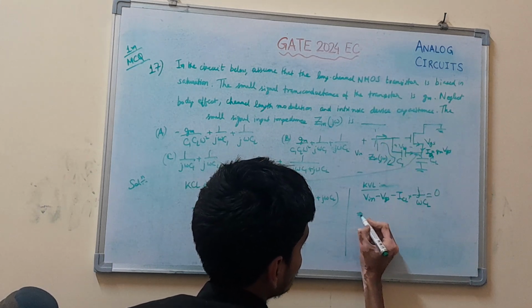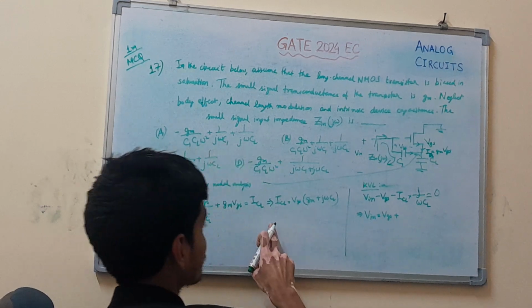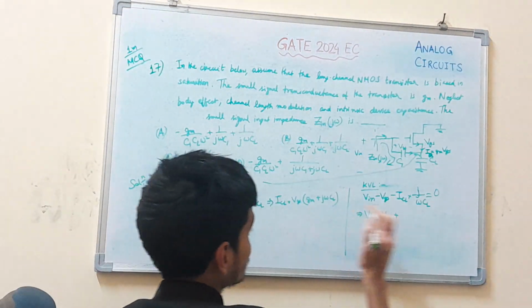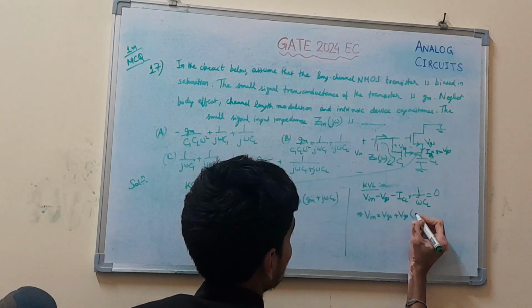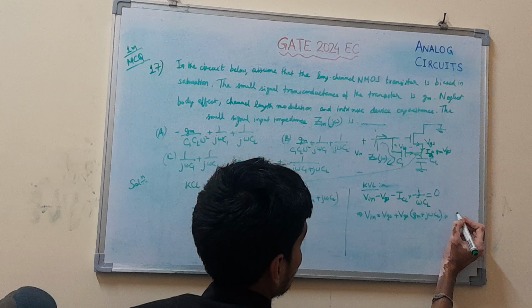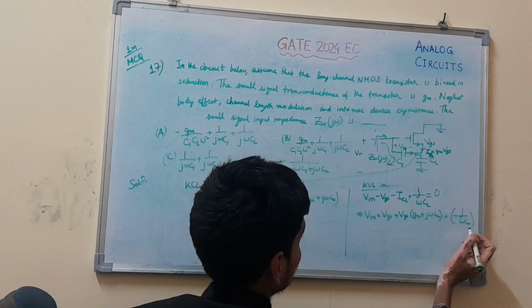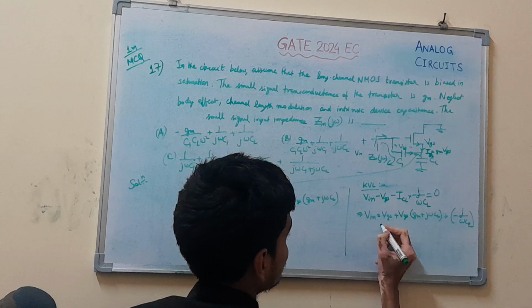Adding KVL across this loop, V in equals VGS plus, using the expression of ICL from here, VGS times GM plus j omega CL times the capacitive impedance.